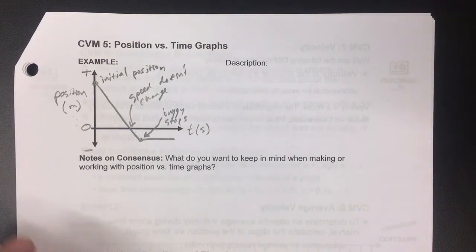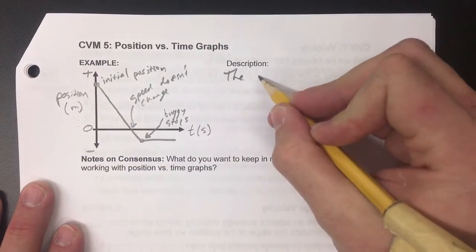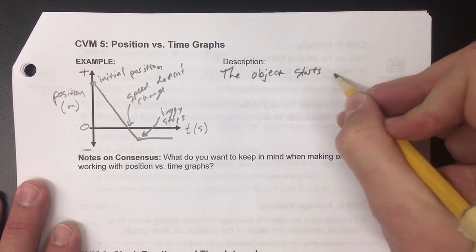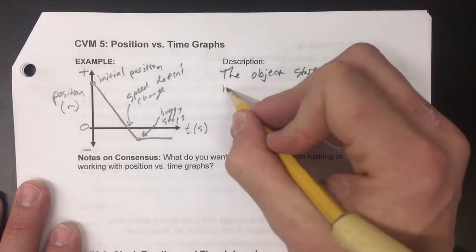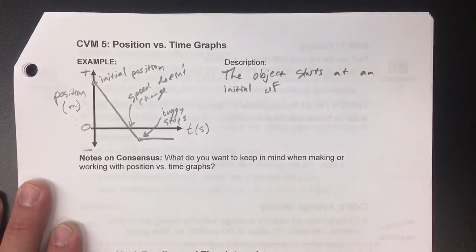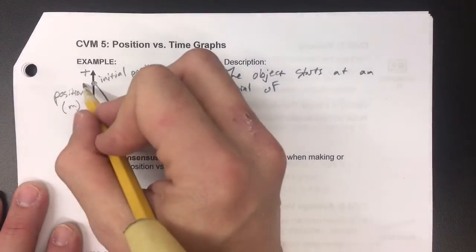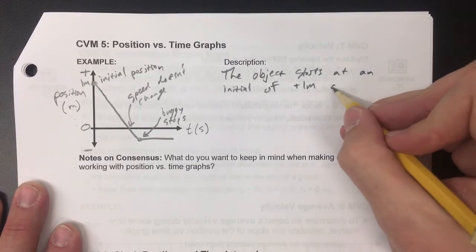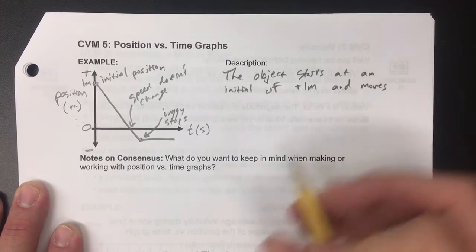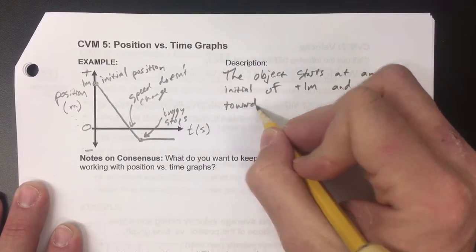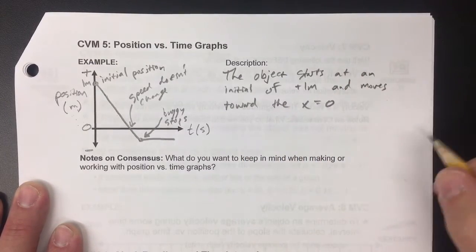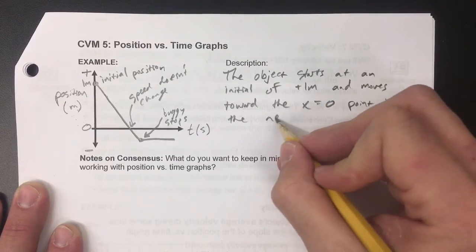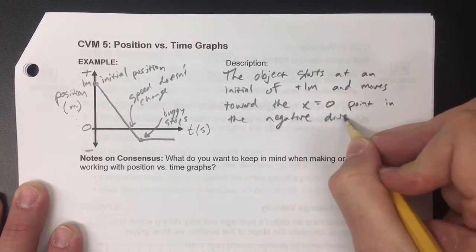So let's look at what this looks like in a description. We can say the object, in this case it was a buggy, but it wouldn't have to be, starts at an initial position of, let's say for this example, positive 1 meter, and moves toward the x equals 0 point in the negative direction.